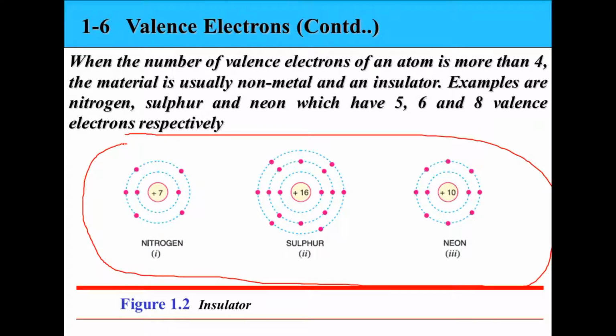With that simple rule, we can say that these elements are non-metals or insulators. So any atom that has more than 4 valence electrons, we can say they are non-metals or insulators.